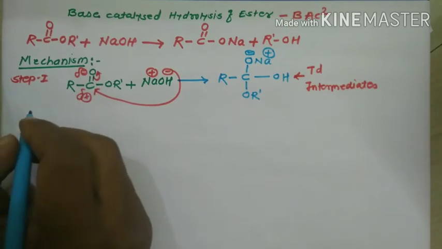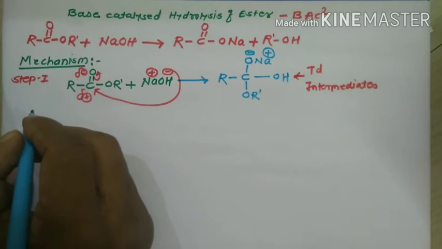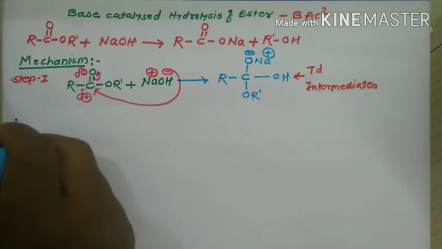In step second, the tetrahedral intermediate eliminates the alkoxide ion, that is OR minus, by acyl O bond fission.